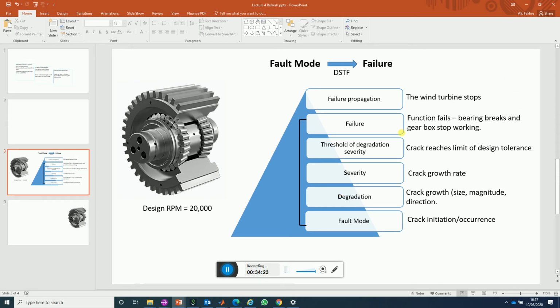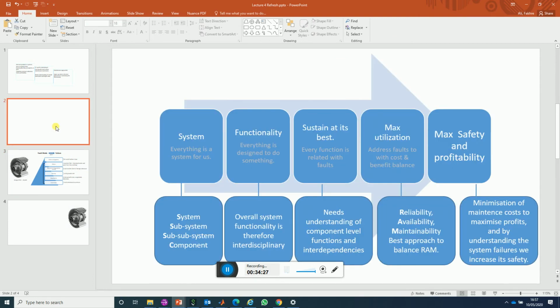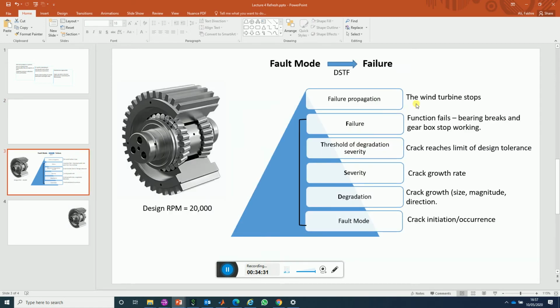So it's very important to understand this slide here and this slide here for really building a baseline concept of maintenance in engineering, and the terminology and the criteria that we use to assess and examine maintenance in engineering.